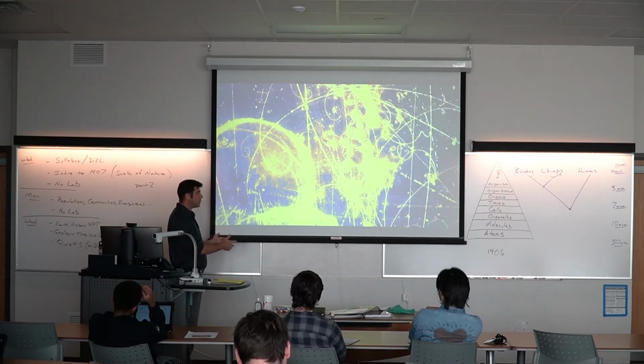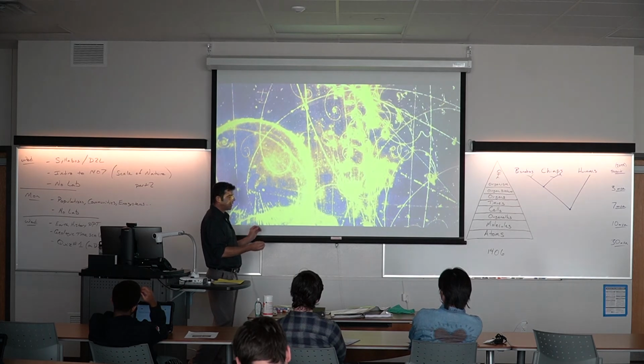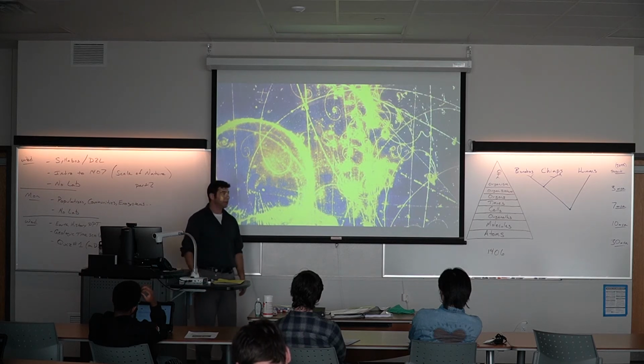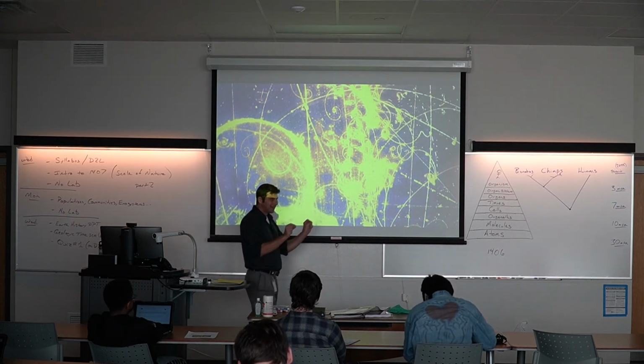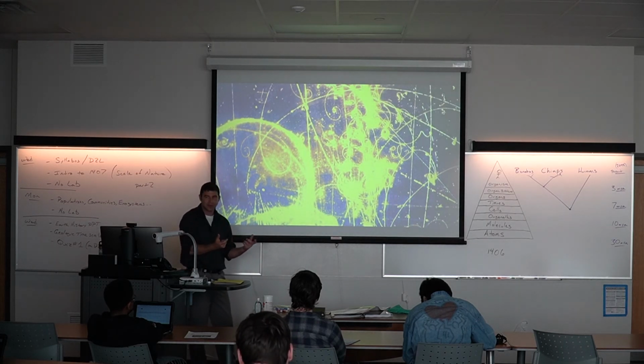This is one of the first pictures in this book. It's a famous picture, one of the first images that they got inside those particle accelerators. They were called bubble chambers. Last semester we got into the atomic nucleus, and we said there were these tiny little electrons that orbit around the nucleus. But inside the nucleus of an atom, there's the protons and the neutrons, and we didn't get any further than that.